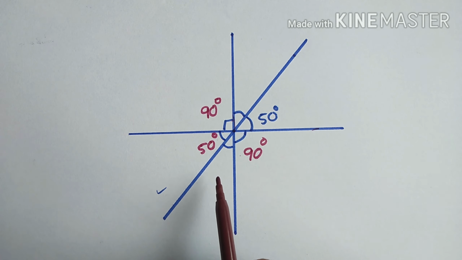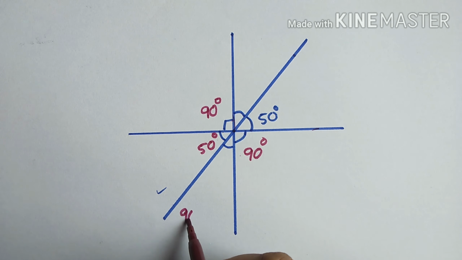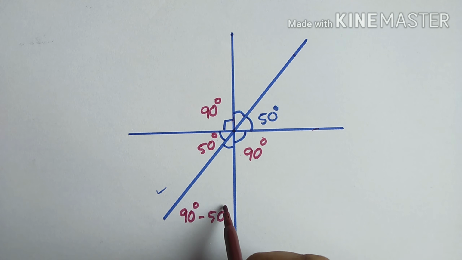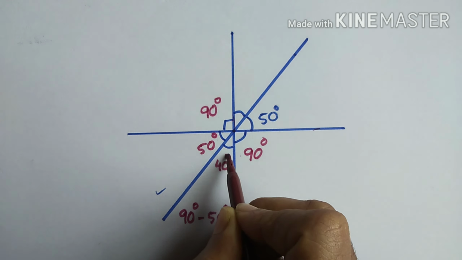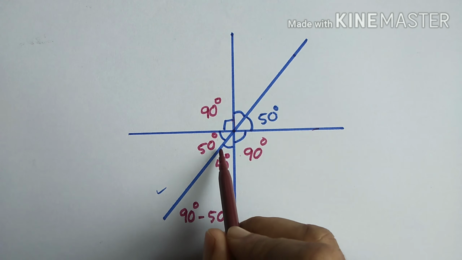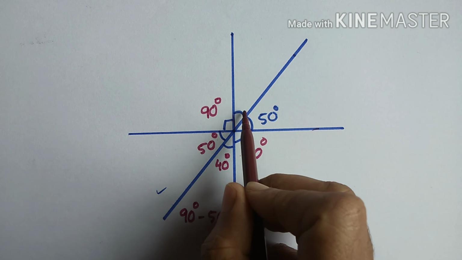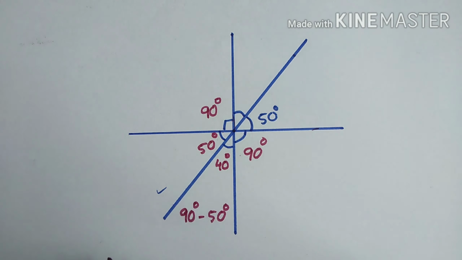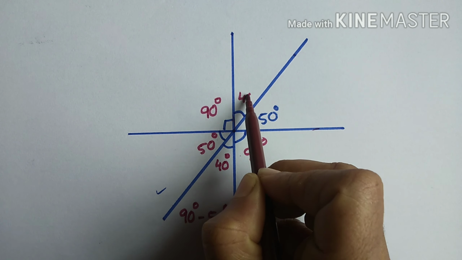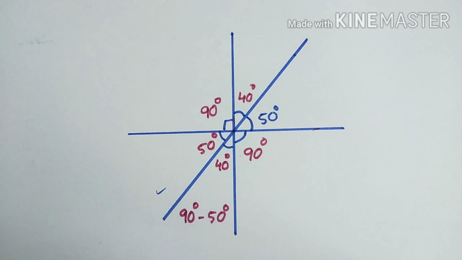So we can get this angle by subtracting 50 degree from 90 degree. 90 degree minus 50 degree. Answer is 40 degree. We know that this angle is vertically opposite to this angle. So this will also be a 40 degree angle. I hope marking angle is clear to you all.